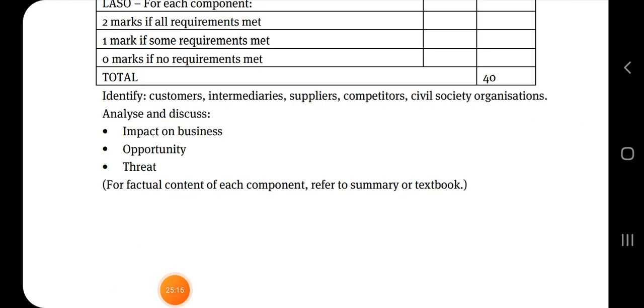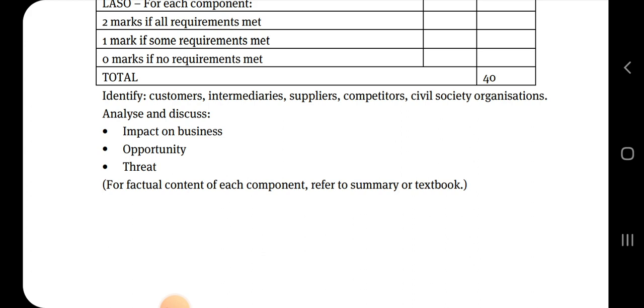Another thing, this is an SA question you can get with the market environment. They can say identify customers, intermediaries, suppliers, competitors, and civil society organizations. You are going to write customers, intermediaries, suppliers, competitors, and civil society organizations. And then you analyze and discuss the impact on business.